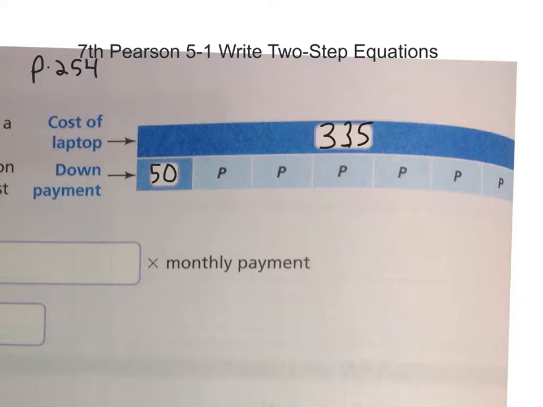Now, some of you may not be familiar with that term down payment. A down payment is if, for instance, you can't afford to pay for the whole thing, or maybe you just don't want to use as much money. You want to save up some of your money just in case you need it for something else. You pay part of the price of something and then you pay the rest later as you go. This is really common, besides buying a laptop, buying a vehicle, especially buying a house.